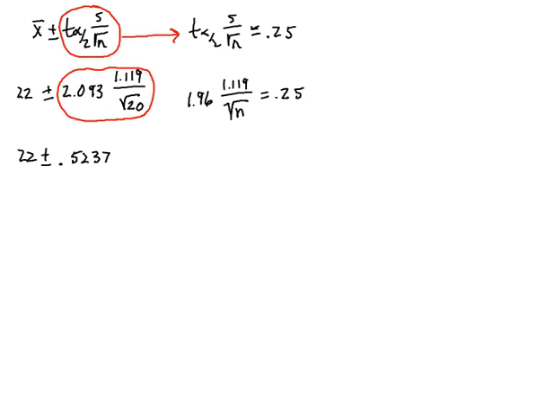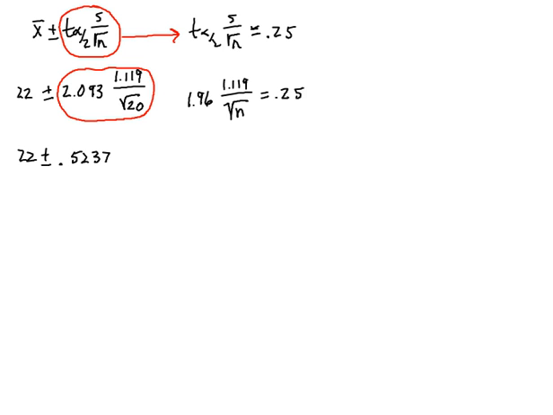I set my margin of error equal to what I want, the 0.25, and I plug in the values, 95% confidence. I'm going to use a z-value or a normal distribution value for that in this case, because my sample size will ultimately be large, I think, to get the 0.25. And as a rule, just use the normal distribution value.